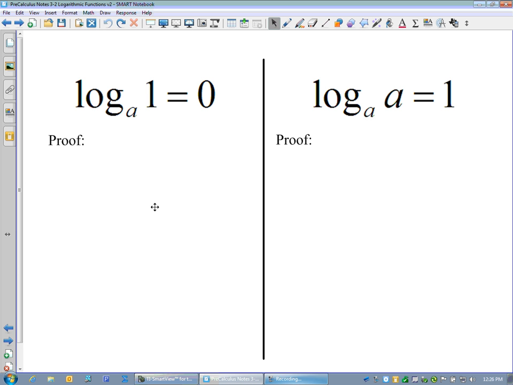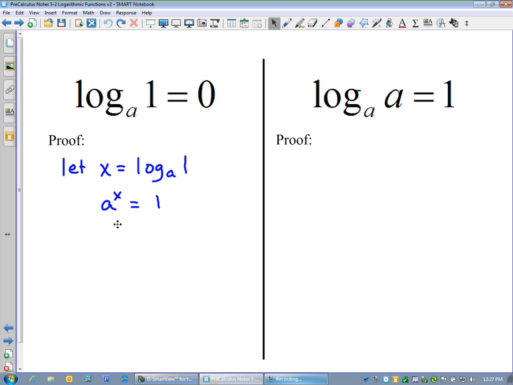All right, so what I'm going to do here is I'm first going to let x equal log base a of 1. So I'm going to set x to equal the expression on the left. And then I want to rewrite it in exponential form. Notice how we have x is the exponent of a that gives you 1. So I'm going to rewrite it as such: a to the x equals 1.